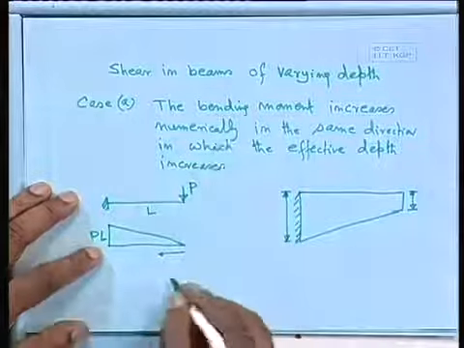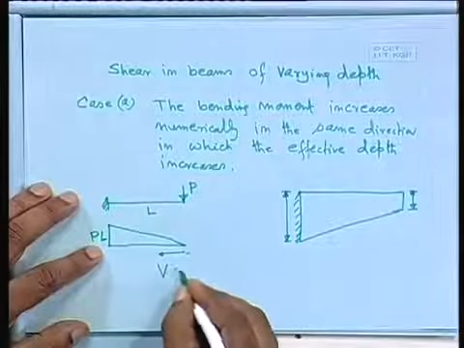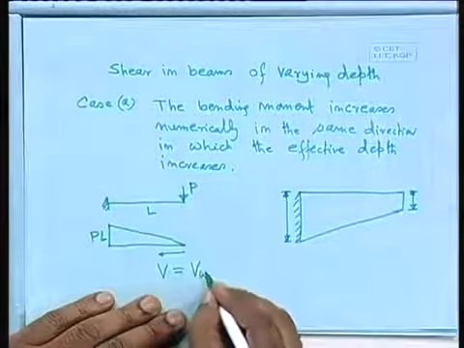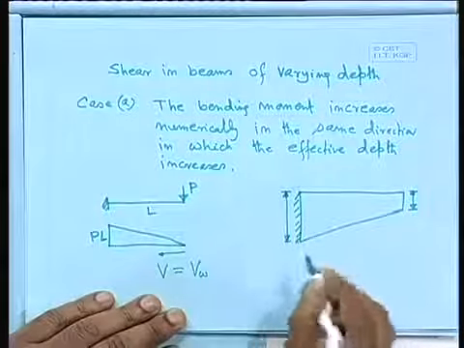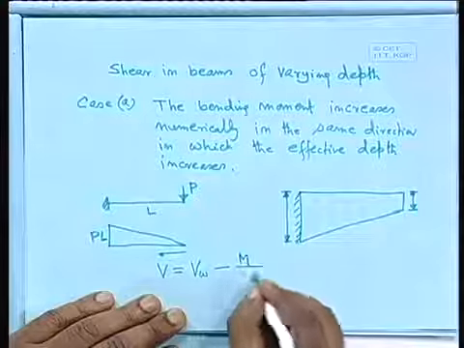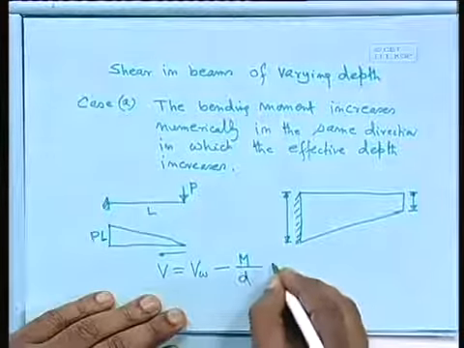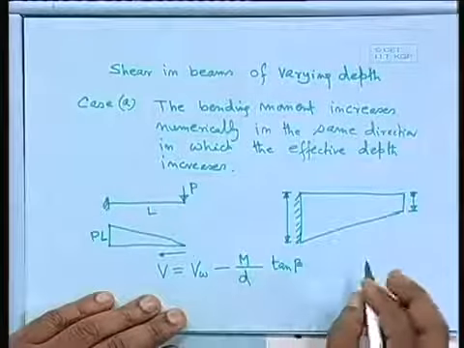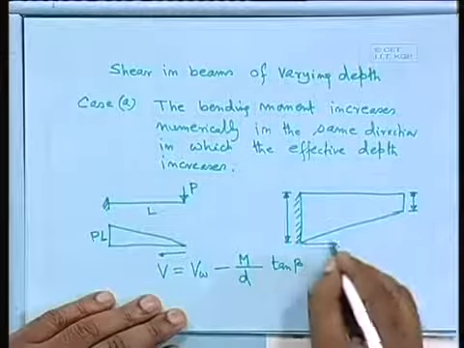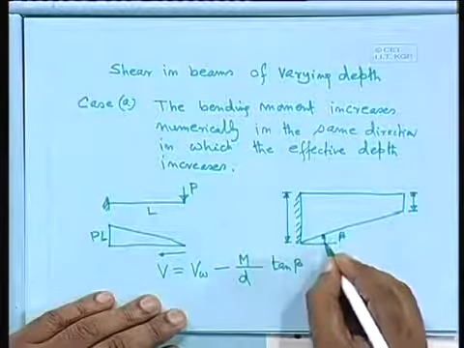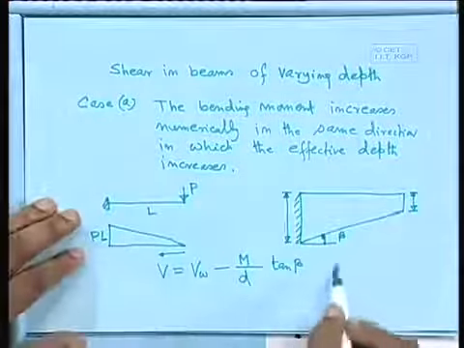So in that case, V will be equal to V_W, whatever the shear force we shall get at that particular cross section, minus M by d, effective depth, times tan beta. What about beta? Beta means this angle. So we can get this beta.